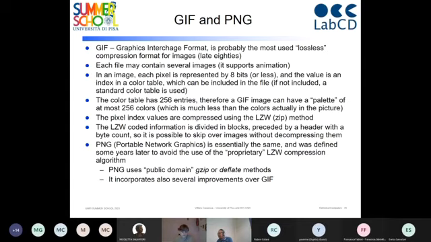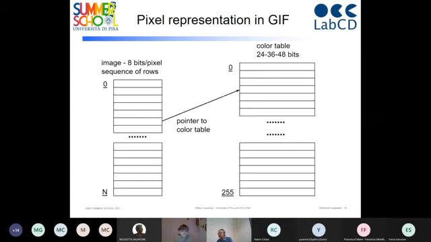GIF, let me go directly here, is called lossless compression, which is really not true. With GIF, you want to represent color images. And therefore, what is the idea behind GIF? That you define a palette of 256 colors, which are the most representative 256 colors of the image that you are going to compress.